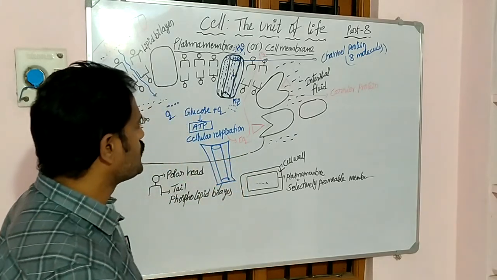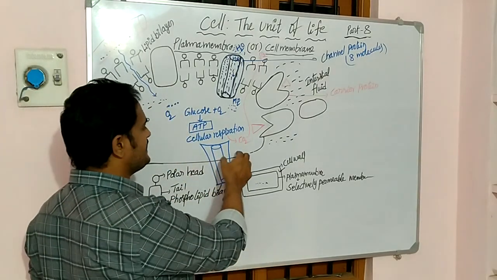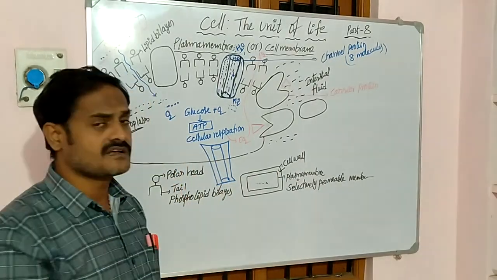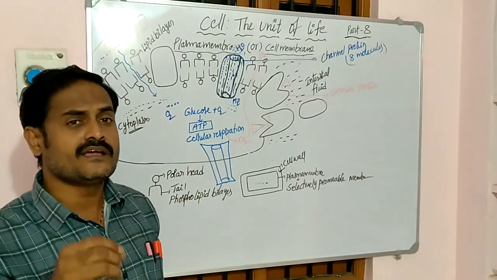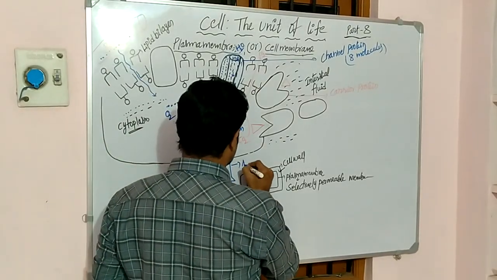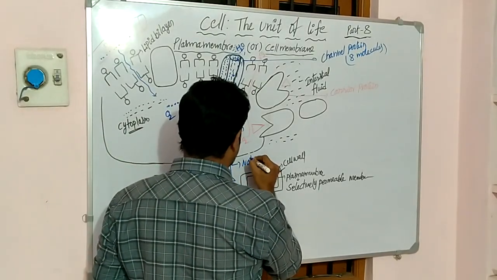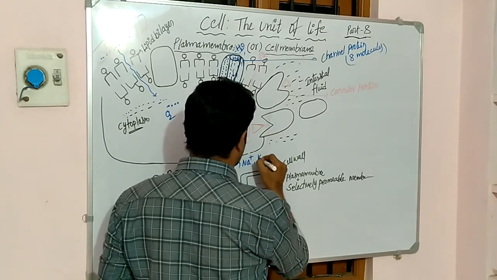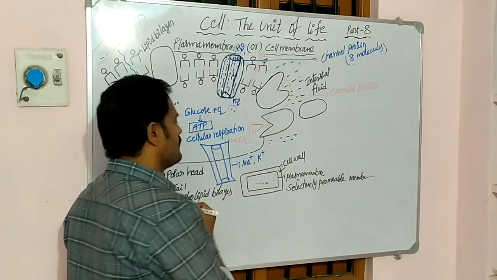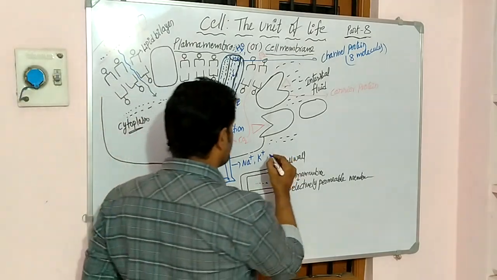See, these kinds of proteins which are present in the plasma membrane are called sodium potassium pumping proteins. Sodium Na+, potassium K+, the sodium potassium pump.